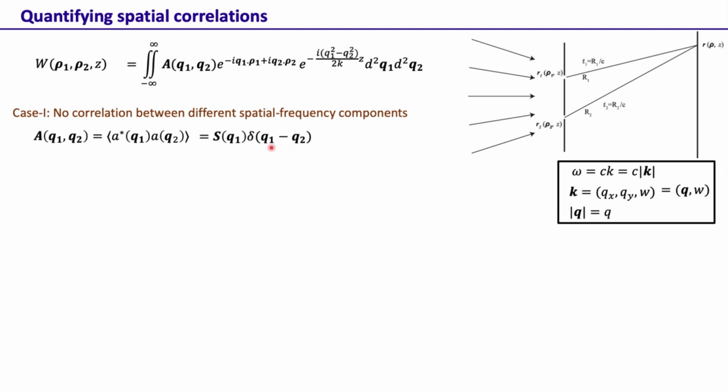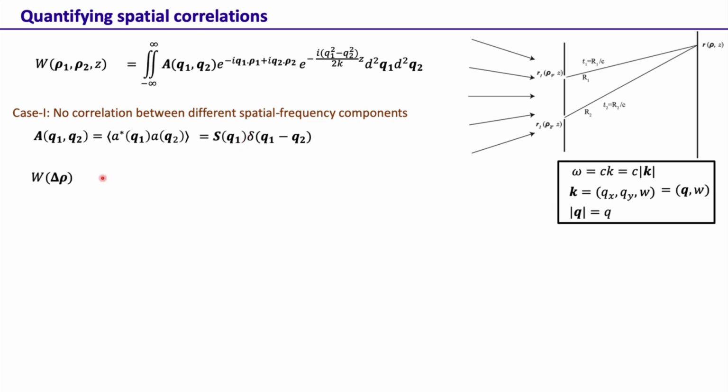So this means if q1 is equal to q2, then only is there some contribution to the correlation. If q1 is not equal to q2, then this term is simply 0. This is what it means to have no correlation between different spatial frequency components. This is again very similar to what we had in the case of time, when we say there is no correlation between different frequency components.